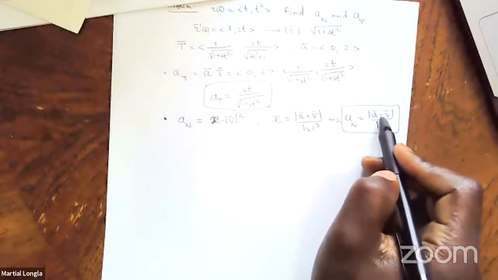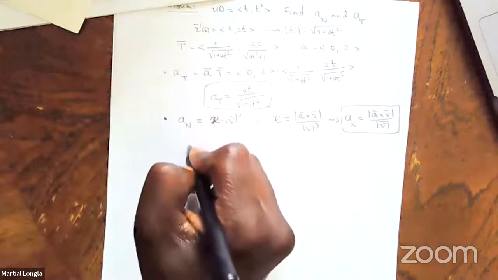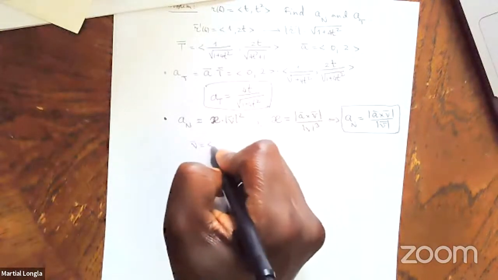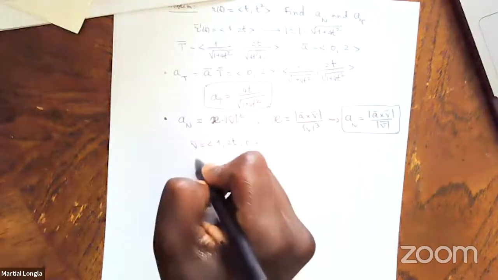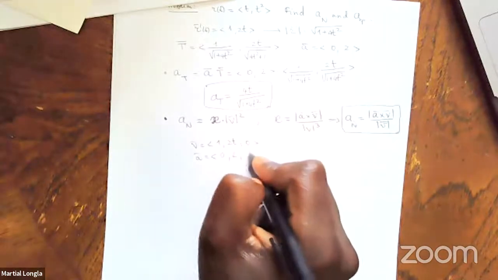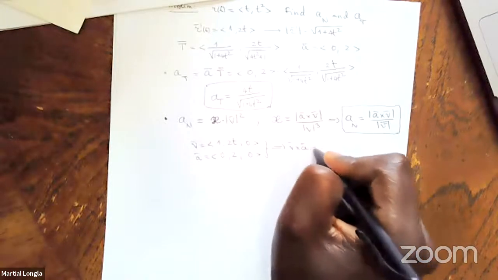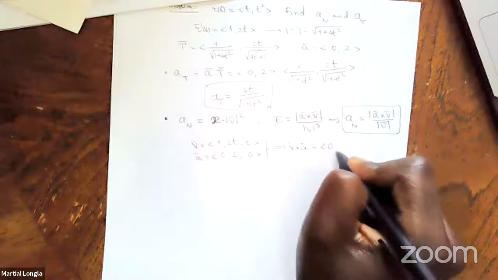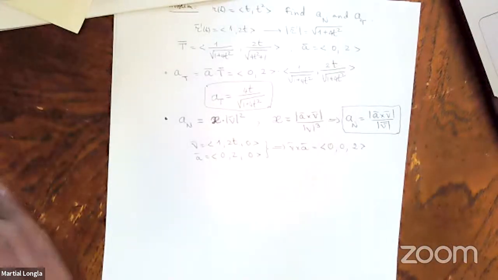and all you need to do is add the zero component to have 3 by 3 vectors. So V is (1, 2t, 0) and A is (0, 2, 0). So we get V cross A, which is (0, 0, 2).